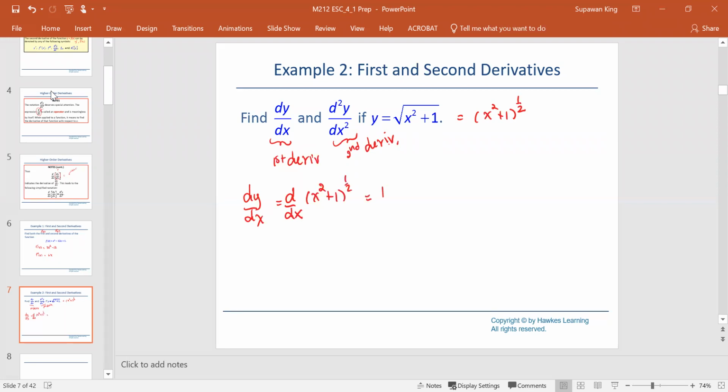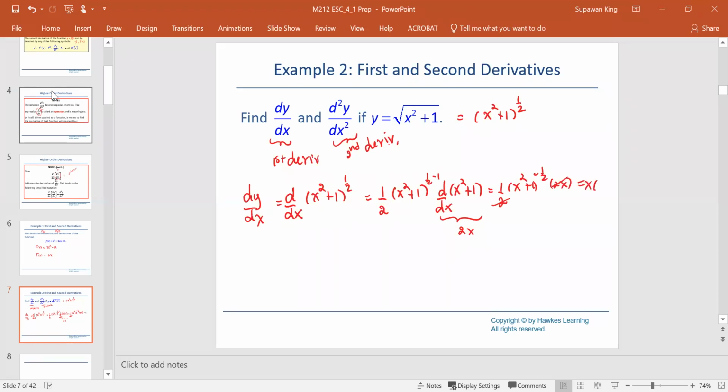Apply the chain rule, or the general power rule: 1 half, x squared plus 1 to the power 1 half minus 1, multiplied by the derivative of the inner function x squared plus 1. The derivative of the inner function gives you 2x. Simplify more. We have 1 half x squared plus 1 to the power negative 1 half multiplied by 2x. 2 and 2 cancel.